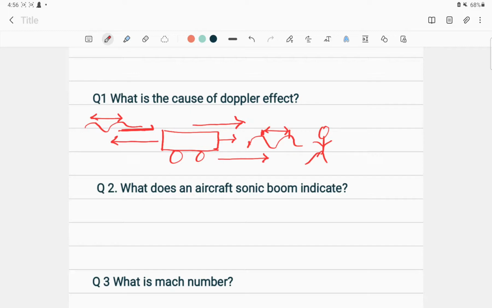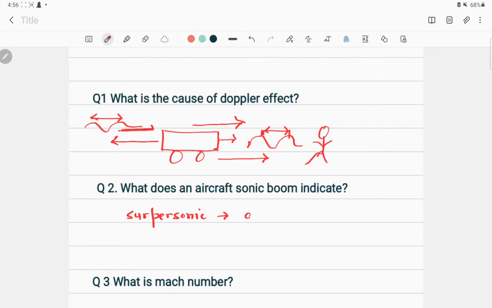So second question is, what does an aircraft's sonic boom indicate? So sonic booms are caused because of the pressure ridge. This is basically generated by supersonic aircrafts. What do you mean by supersonic? Supersonic means the aircrafts that can move faster than, let me write down, supersonic.